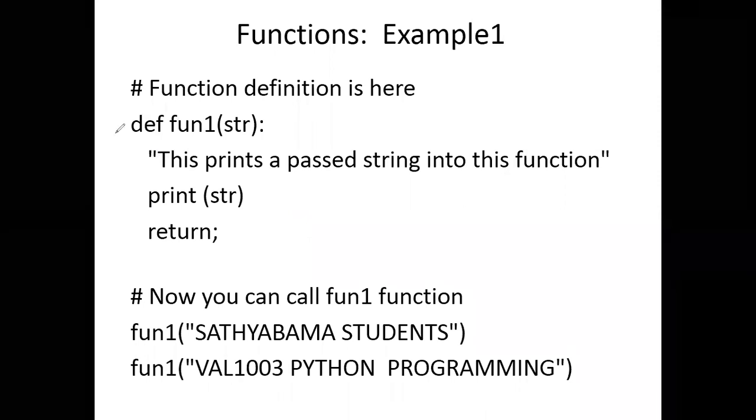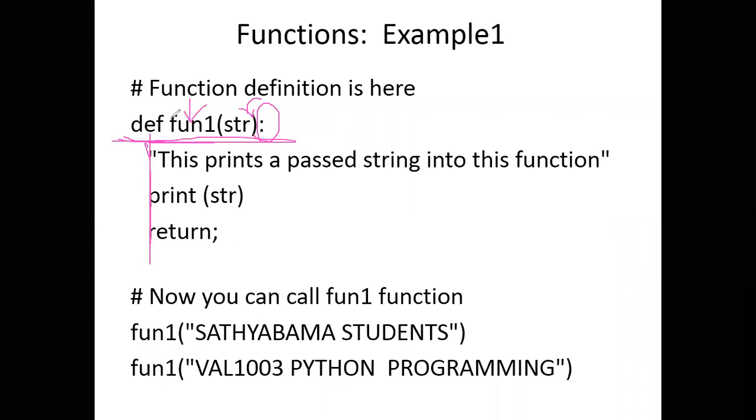Whenever you're trying to write a function, the keyword def is important, and after that comes your function name, and after that, however many parameters you wish, you will pass all the parameters, and this colon is important. So this is the syntax of defining a function, and after that you have to follow indentation, and whatever you want to write inside the function, you can keep on writing.